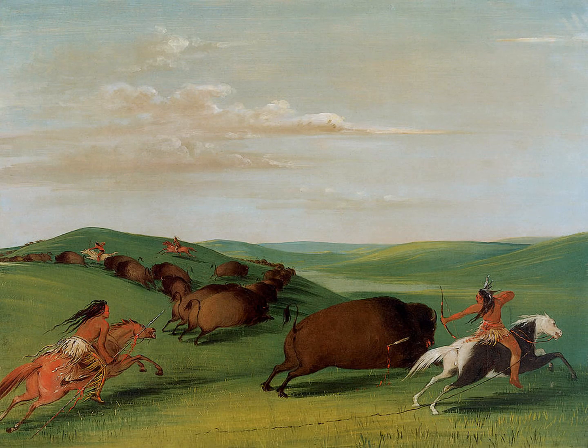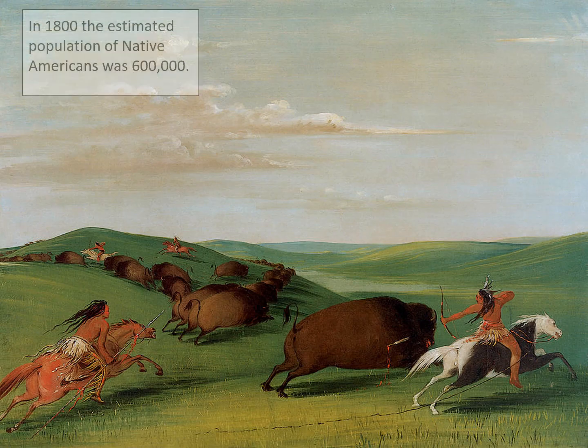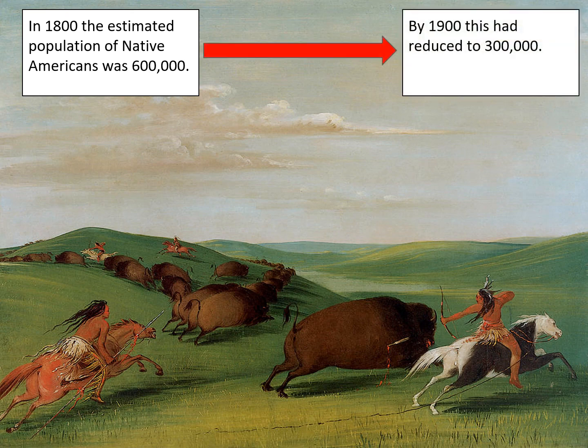And some people actually argue this is much more serious than that. And if you look at the numbers, in 1800, the estimated population of Native Americans was 600,000. Skip forward 100 years, and that population had dwindled to only 300,000.